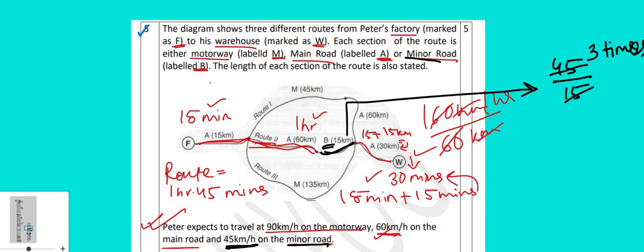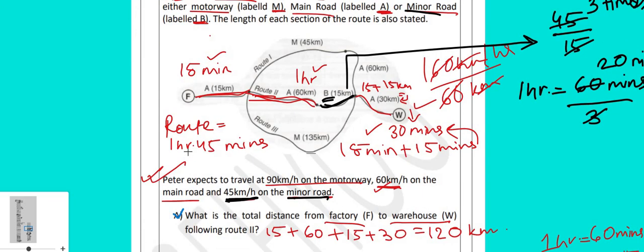And here, if 1 hour is equal to 60 minutes, then for finding out the minutes traveled for 15 kilometers through the minor road, we'll have to divide 60 minutes by 3. Therefore, route B takes 20 minutes.